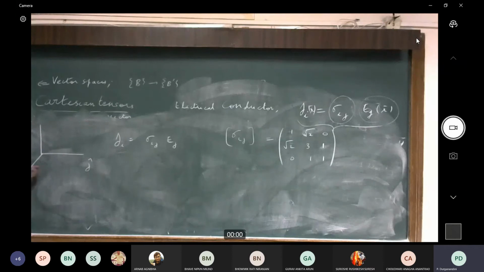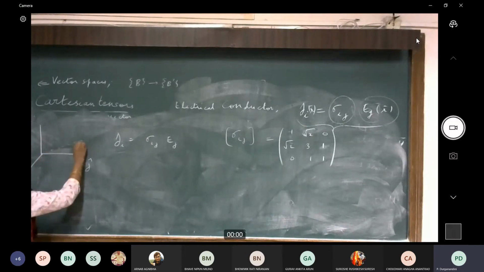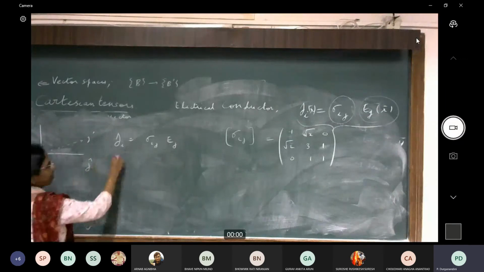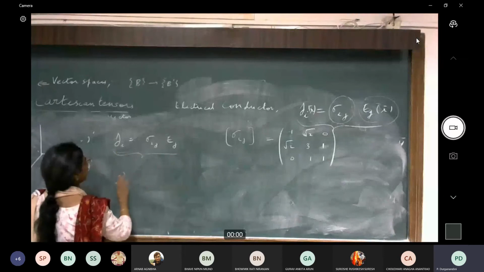Now suppose that instead of these basis vectors, I've gone to some other basis vectors, say i cap prime, j cap prime, and k cap prime. So I choose another set of three orthogonal basis vectors which are related to these by some rotation transformation.